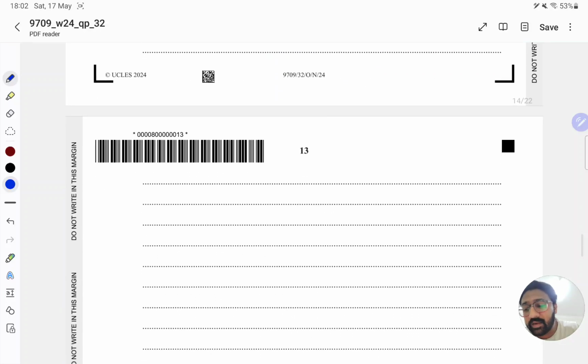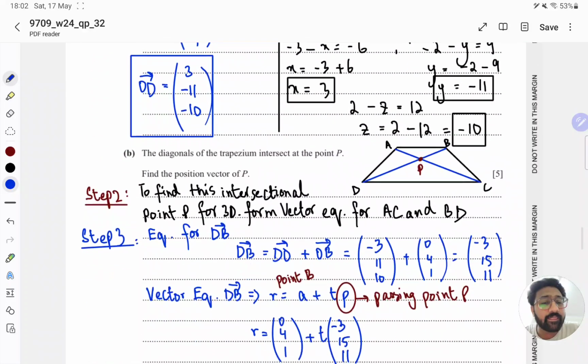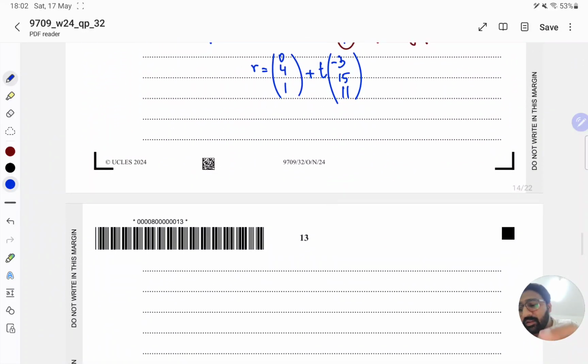We have to form the vector equation for AC as well. For that, we'll first of all find AC. How can you find AC? It is OC minus OA.